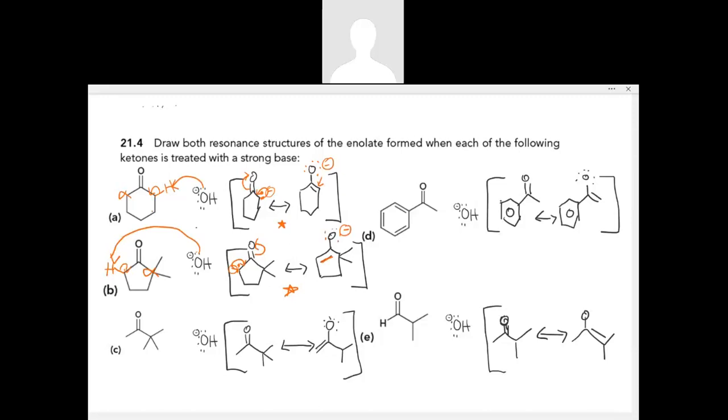Next, we have structure C. So once again, we only have 1 alpha position that is not occupied with other groups. So over here, we would remove a proton. So let's show that. So we'll deprotonate. Those electrons will go onto this carbon here. So we have a negative charge on the carbon to the left side of our carbonyl.